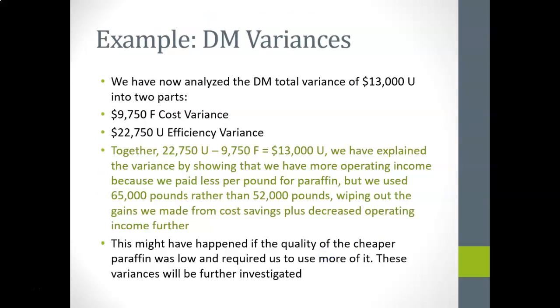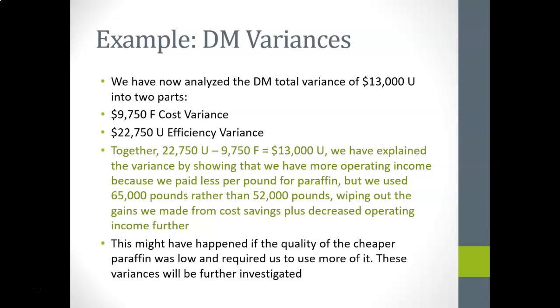Okay, so now we've analyzed the direct material total variance of 13,000 unfavorable into two parts: the 97.50 favorable cost variance and the 22,750 unfavorable efficiency variance. Now we can combine those two just to make sure that we're right.